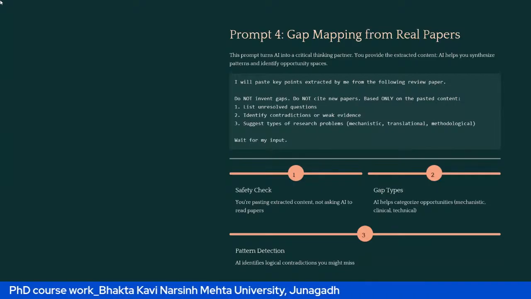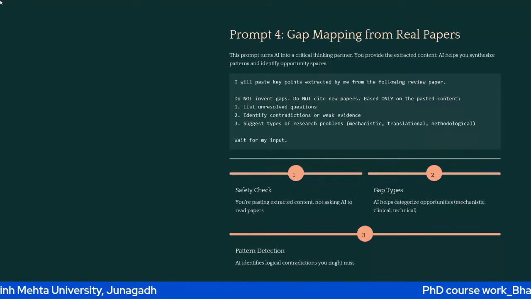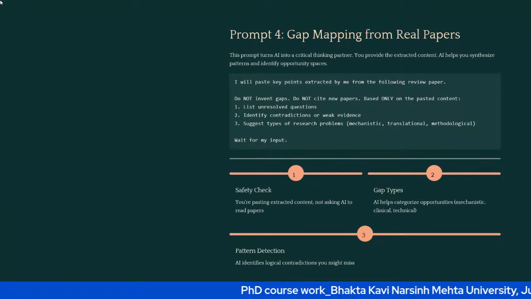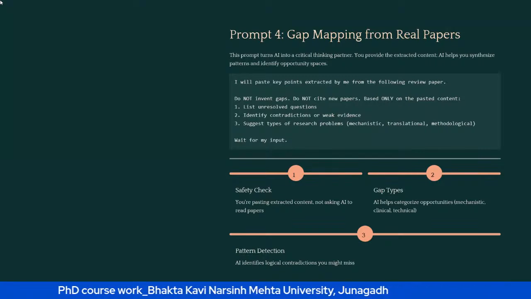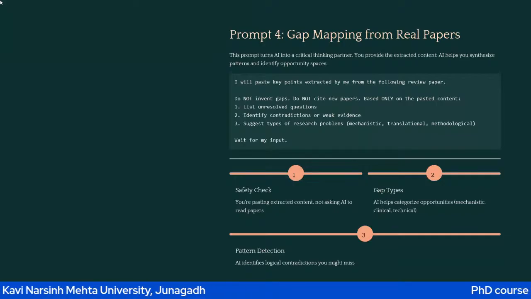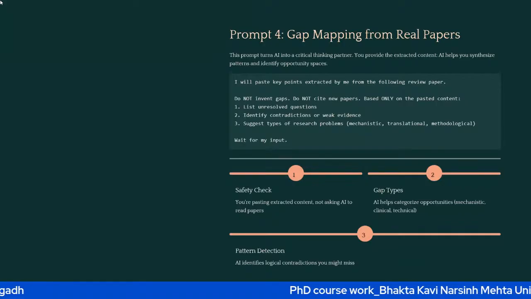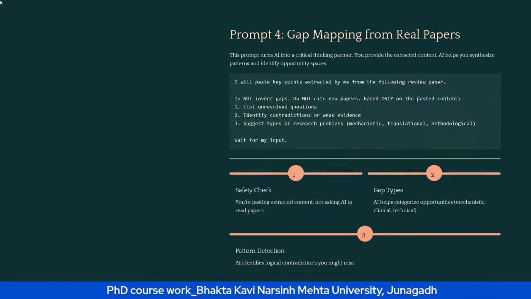So don't tell ChatGPT or the AI to find out the gap. You just tell it that whatever papers are given, from those papers only list out the unresolved questions, because that is already written by some person. So that would be real human brain work. Then identify the contradictions or weaknesses of the evidence. Even in the best paper there are some contradictions or limitations, so you identify that with the help of the AI.